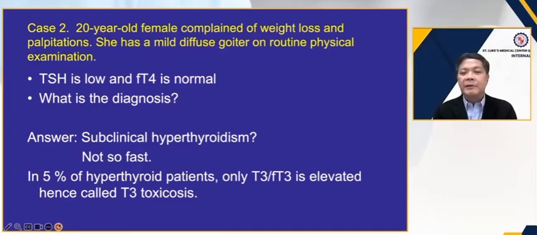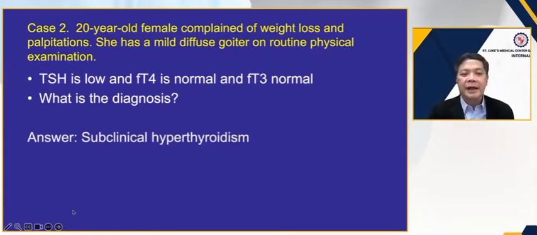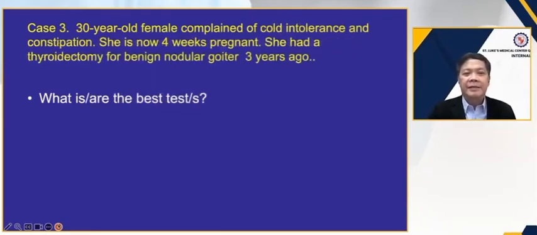So you might be dealing with T3 toxicosis. So if the FT3 is high, then your diagnosis is T3 toxicosis. On the other hand, if both T4 and T3 are normal with suppressed TSH, then you have mild or subclinical hyperthyroidism.